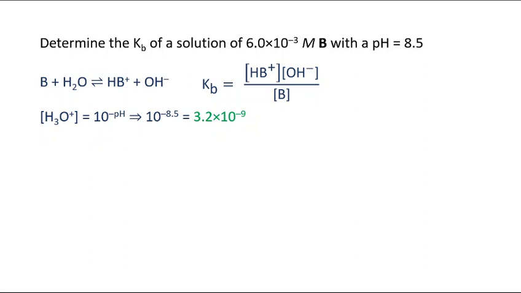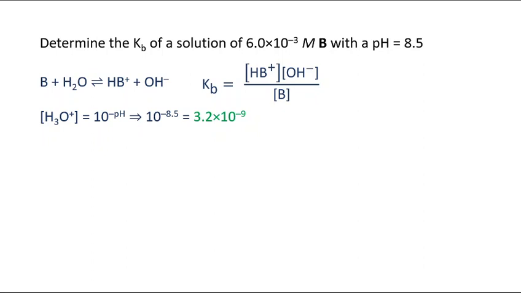Once we know our hydronium ions, using an equation involving Kw, we know that our hydroxide concentration times our hydronium concentration is going to be equal to Kw, which is 1.0 times 10 to the negative 14.